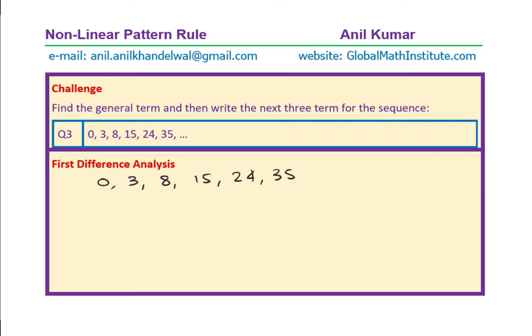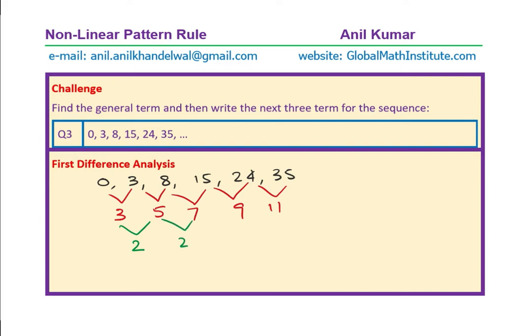The first differences are 3, then 8 take away 3 is 5, then 15 take away 8 is 7, 24 take away 15 is 9, 35 take away 24 is 11. And now if I find the second difference, it is going to be 2, right?